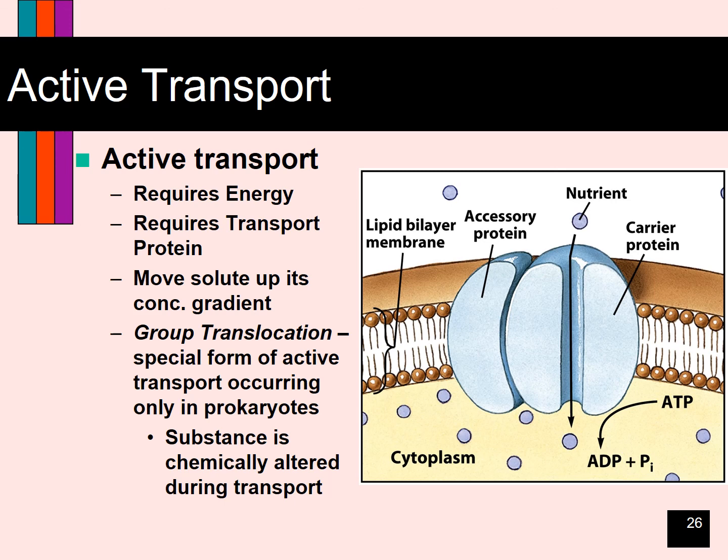Okay, this is actually a special type of active transport, which is called group translocation. It's a special type of active transport for prokaryotes. Active transport in general is going to require energy and also some type of transport protein. In active transport, you are moving a solute up its concentration gradient, so you're creating a concentration gradient.